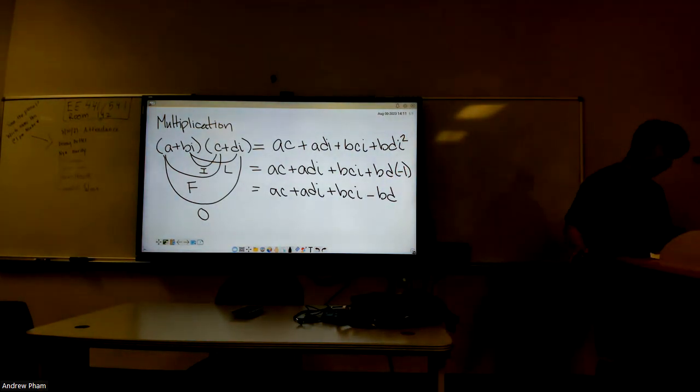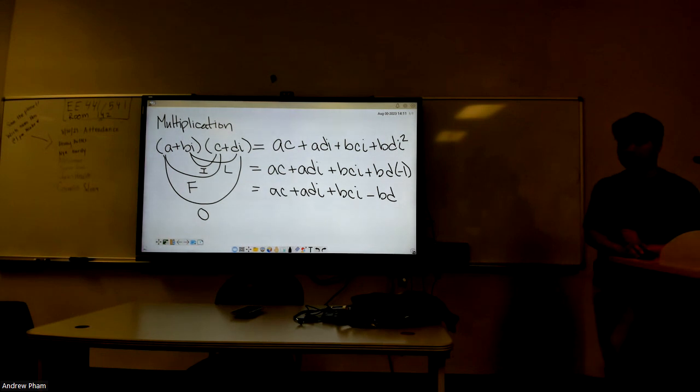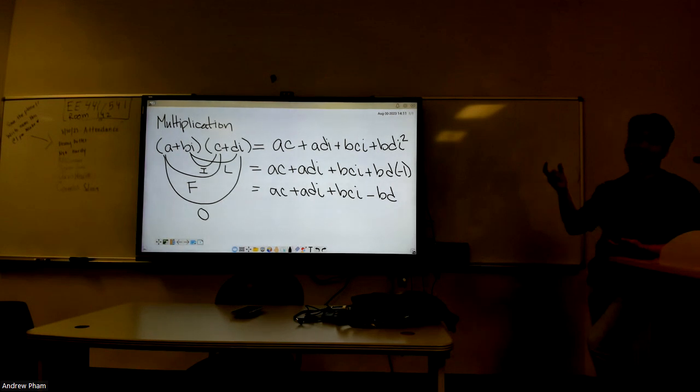I'll give y'all a moment to copy down anything as needed. Again, we use FOIL because we're doing a binomial times a binomial, something that had two parts and the other number had two parts.